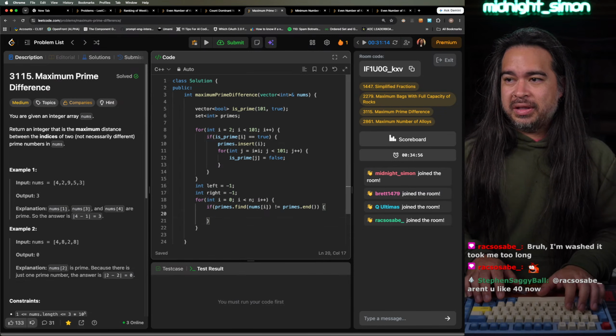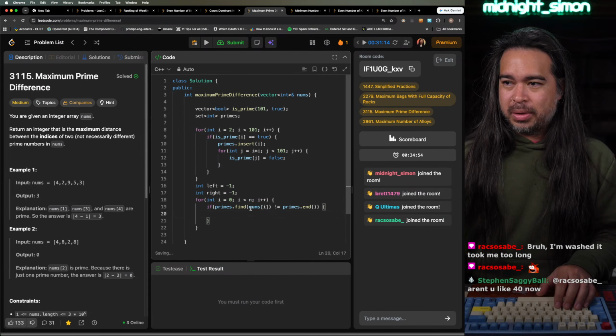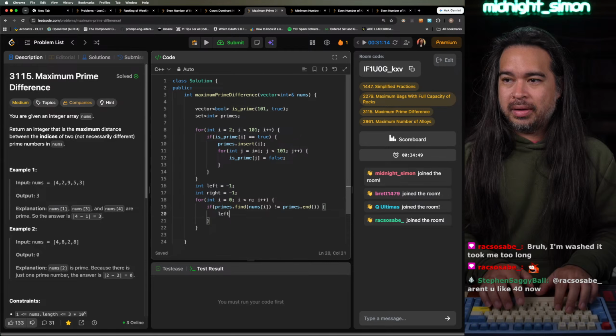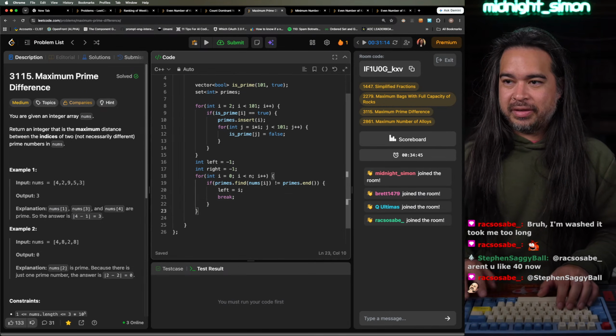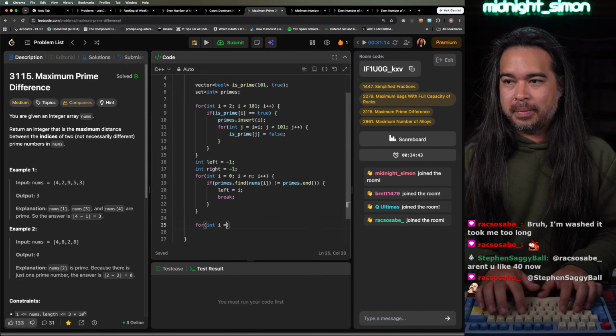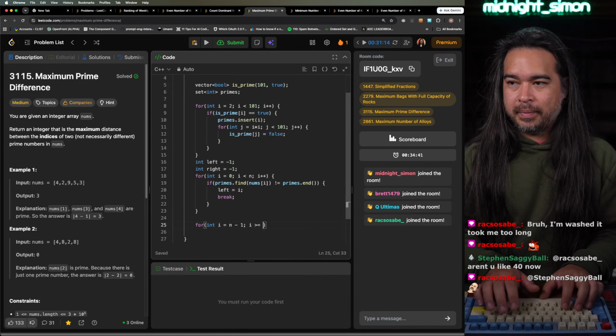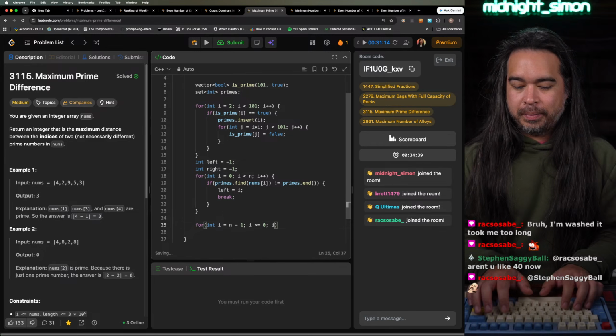All right, so if this number is a prime number, then we just mark the left. And then go from right to left.